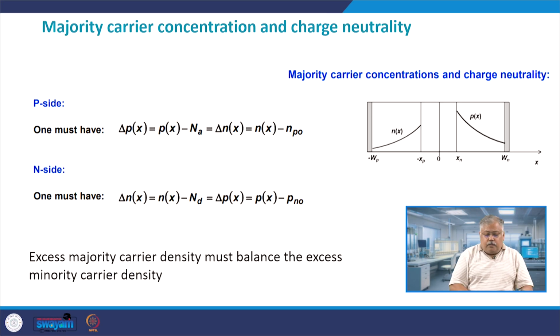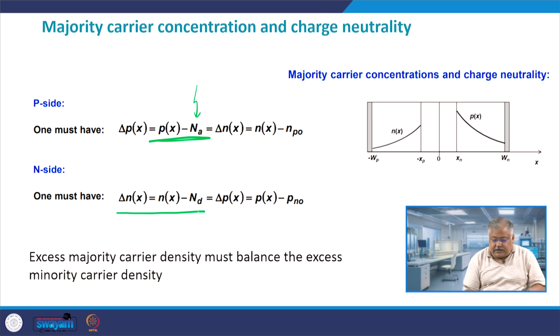Let us come to the majority carrier concentration and charge neutrality. The change in the majority carrier on the P side will be Px minus Na, where Na, assuming 100% ionization, is the acceptor ion concentration. So Px minus Na will be the increase in holes on the P side, and similarly the increase of electrons on the N side will be given by Nx minus Nd.